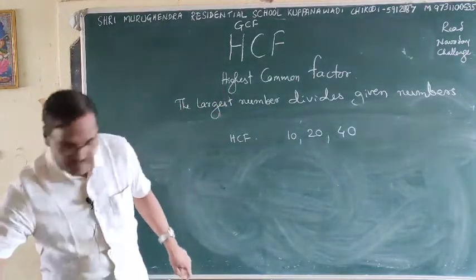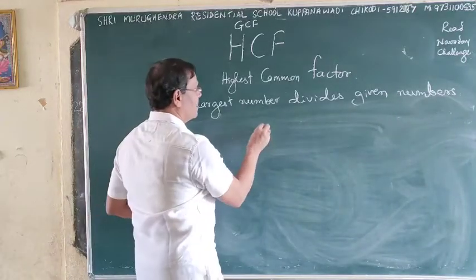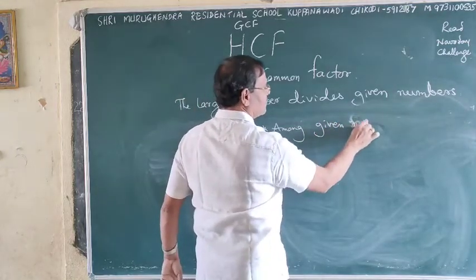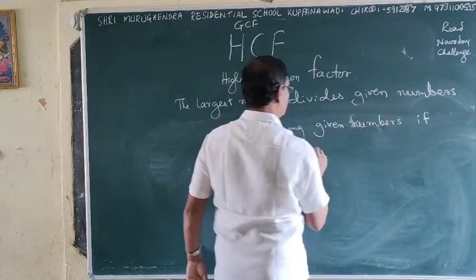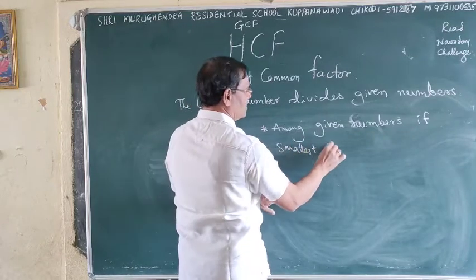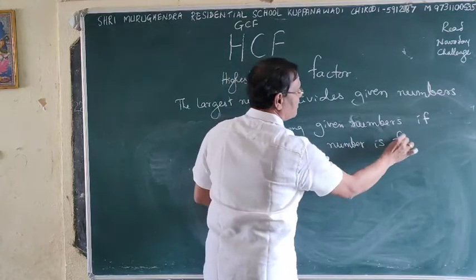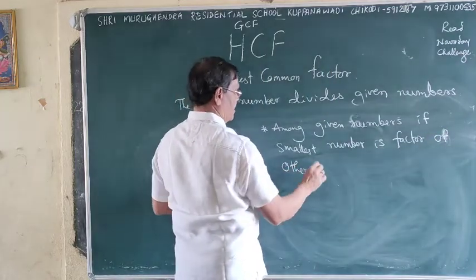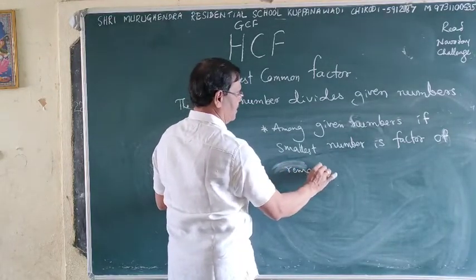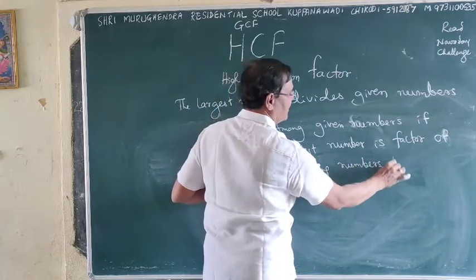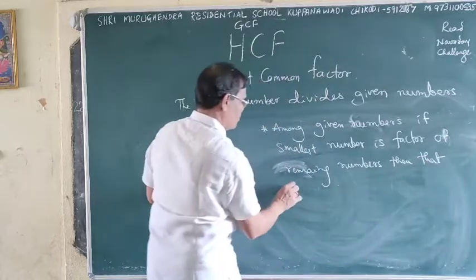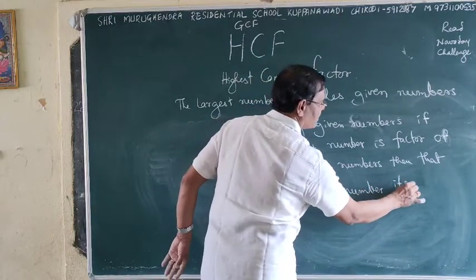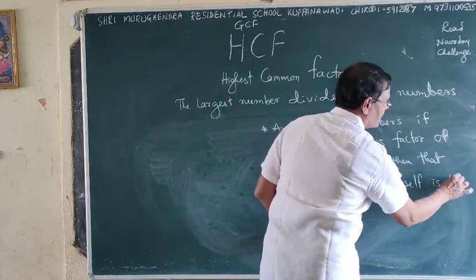One rule we got. Among given numbers, if the smallest number is a factor of the other remaining numbers, then that smallest number itself is HCF.